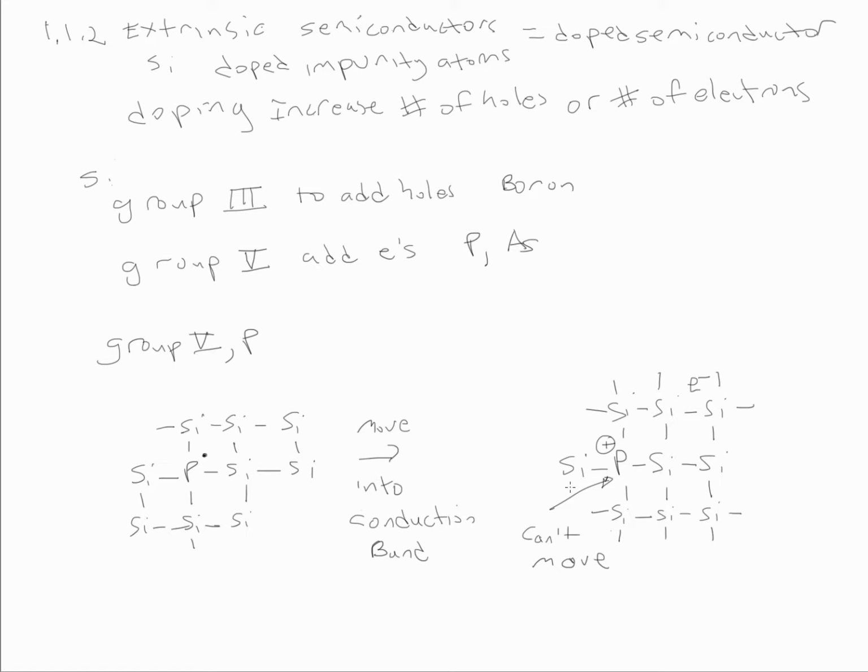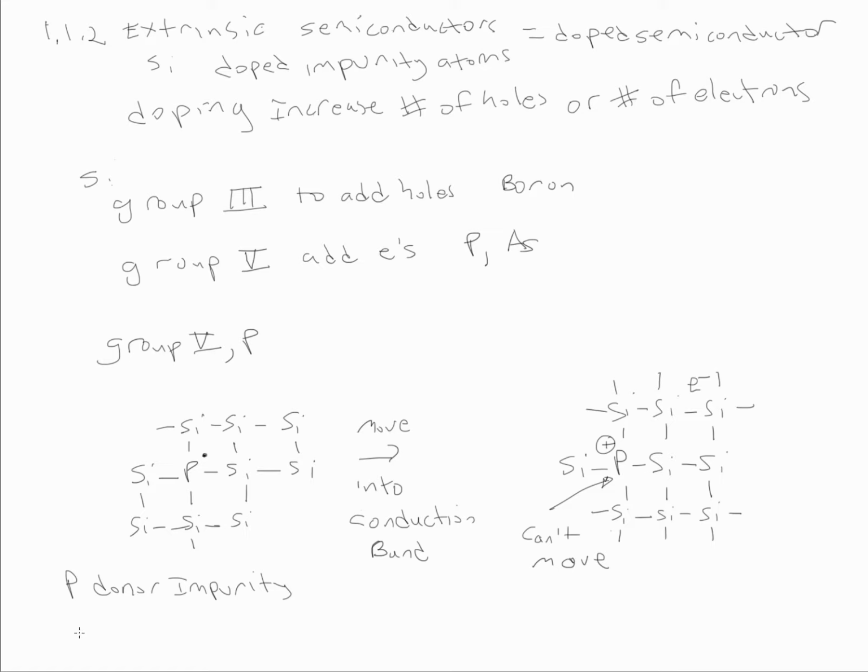And we call this phosphorus ion a donor impurity because it's donating an electron that can move in the conduction band.